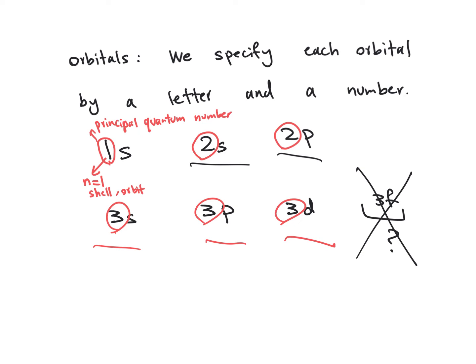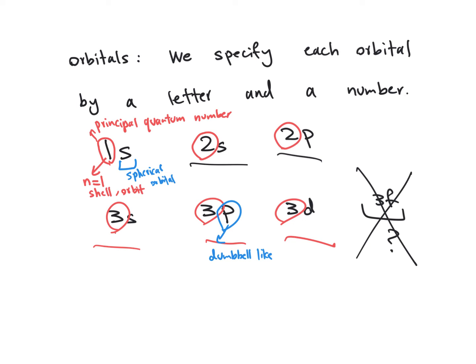The letter specifies what subshell, and also specifically the shape of the orbital. This S tells me that I have a spherical orbital, okay? Or P is dumbbell-like, right?